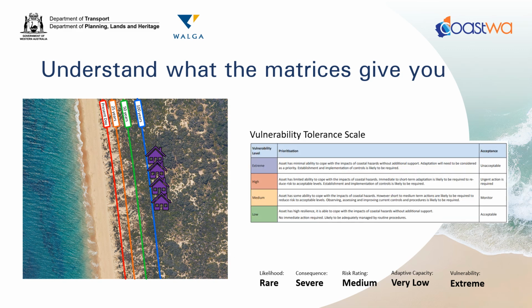And when we look at our vulnerability tolerance scale, it says that an extreme level of vulnerability is an unacceptable risk. So what we end up with here is that you've got houses that are, for all intents and purposes, meeting the requirements of the state coastal planning policy, and their setback is sufficient from the coastline, notwithstanding any additional foreshore reserve, etc. But it's saying that it's basically unacceptable to put them there.